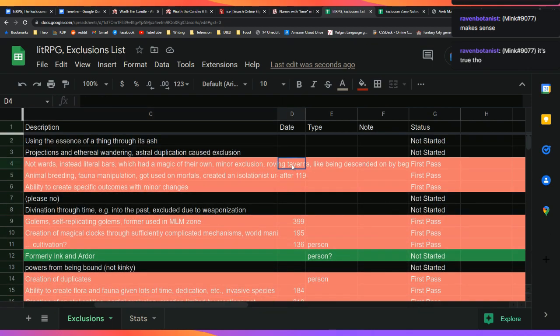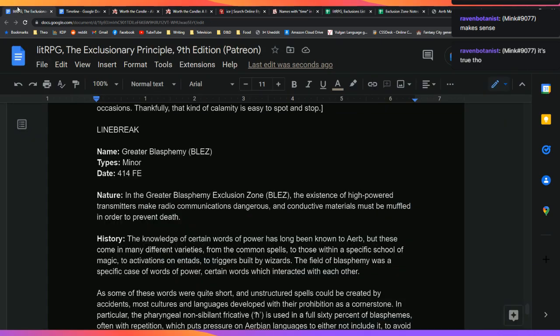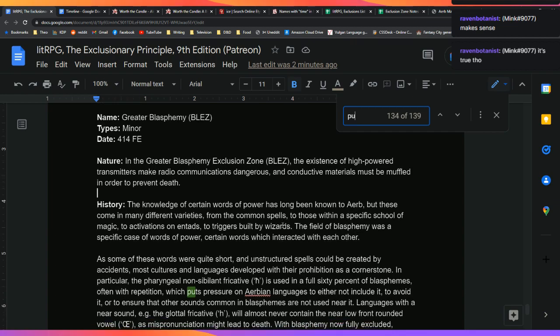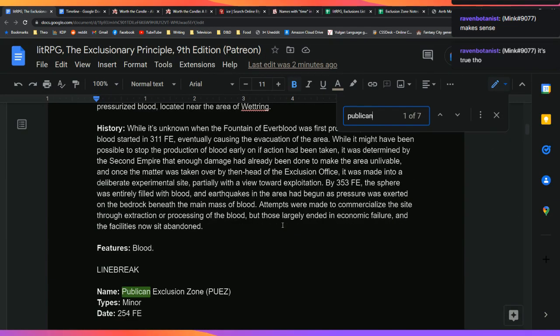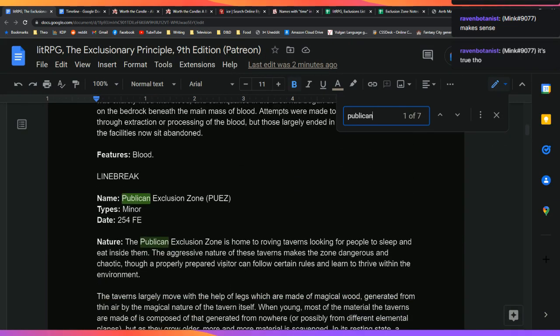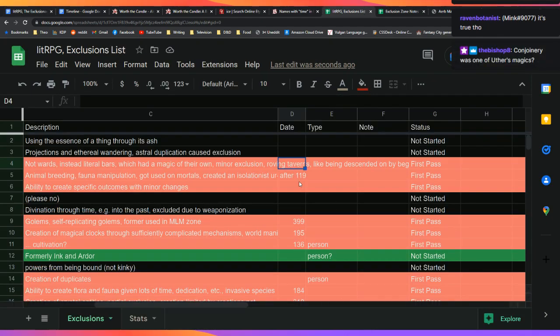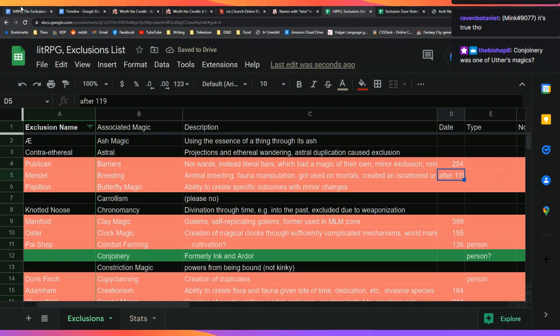But especially if you have someone who writes songs or anything that's going to be included in the work itself, you just kind of need it. You can't get away with just not commenting on it. Okay, Mendel.